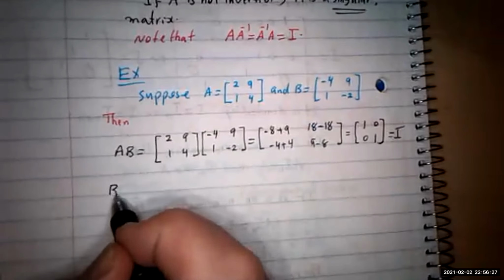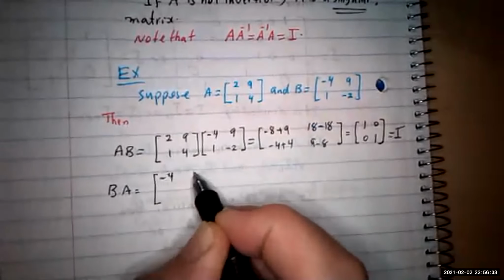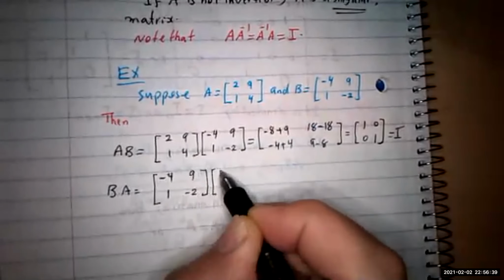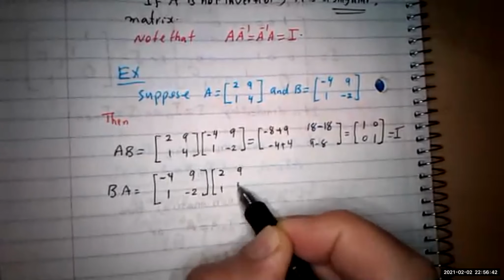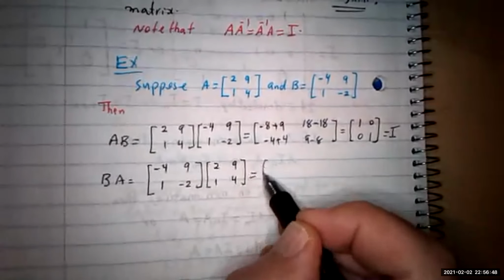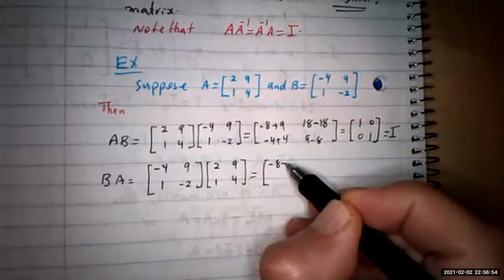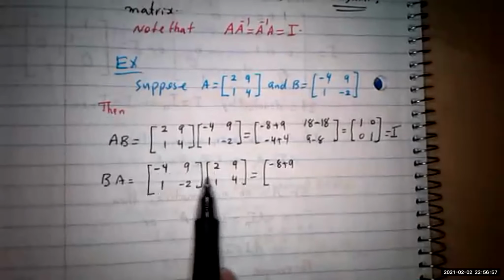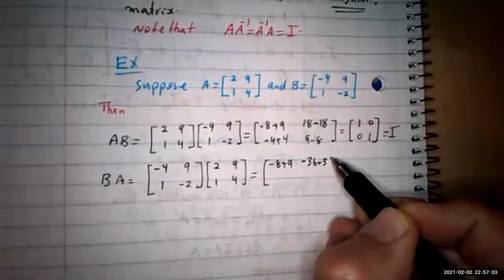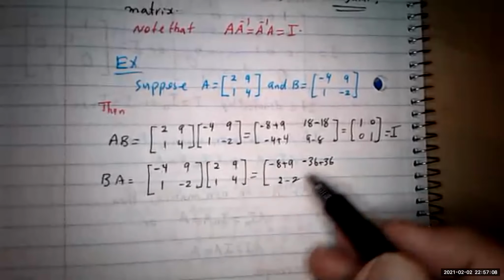So let's check the other direction. That gives us B times A, [4, -9; -1, 2] multiplied by [2, 9; 1, 4]. Row by column gives 8 minus 9, then 36 minus 36, then -2 plus 2, and -9 plus 8.